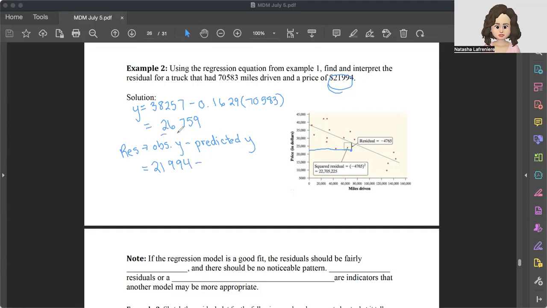And your predicted is this guy. Throw that into the calculator. So this means that your dot is off by $4,765. It's too low, in other words. So hopefully that makes sense. So we're gonna write that down. So I'm gonna type it.